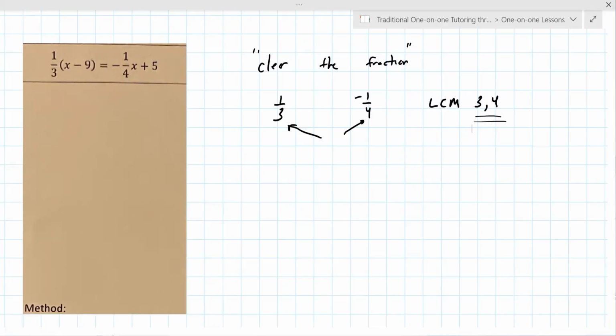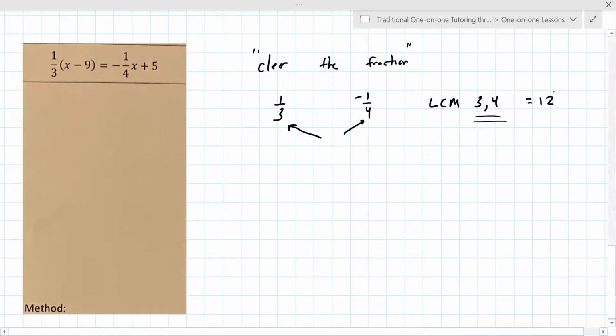If you're not sure what a least common multiple is, it's the number that is multiplied at the same time. It's a number, yes, but it's not 1. 1 is not correct. Okay, if you're not sure how to do this, then it's okay to say that. It's okay. It is 12.